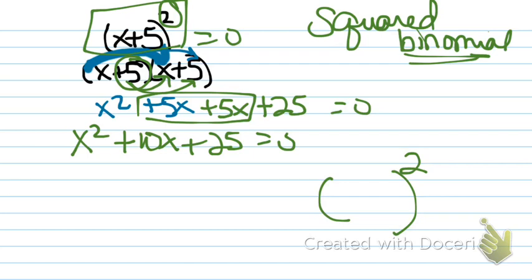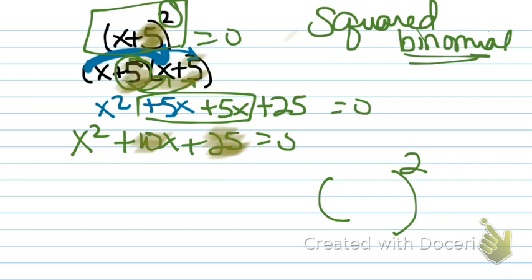I want you to notice a couple of things about this. Please notice our trinomial. This is a 10. Notice what it is in relation to this 5. Okay, how did we get from the 10 to the 5? We cut it in half. Yes? And then how did we get this 25 right here? We said 5 times 5, or 5 squared.